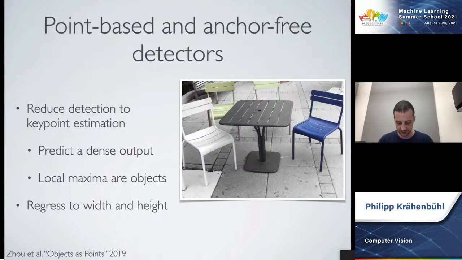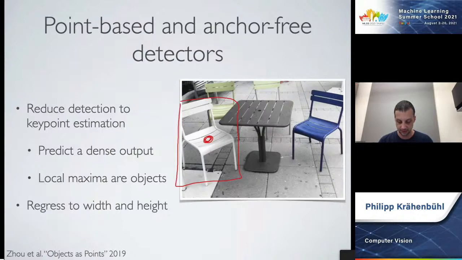There were about 3-4 papers that came up with almost the same idea, and they now almost converged to the same setup, which is: instead of trying to find objects as boxes and anchors as boxes, we now just try to find centers of objects. In work we did, we placed the center right in the middle of the object. There's other work that looked at different definitions of what centers are.